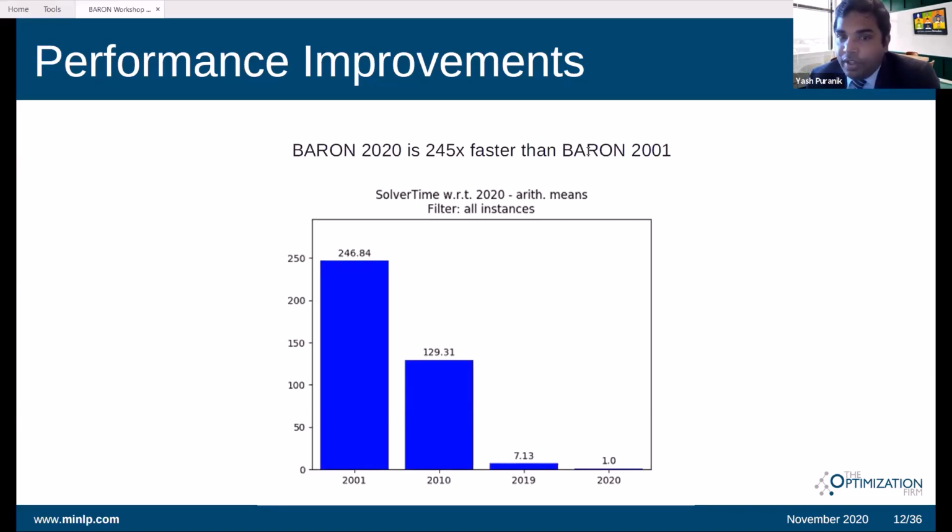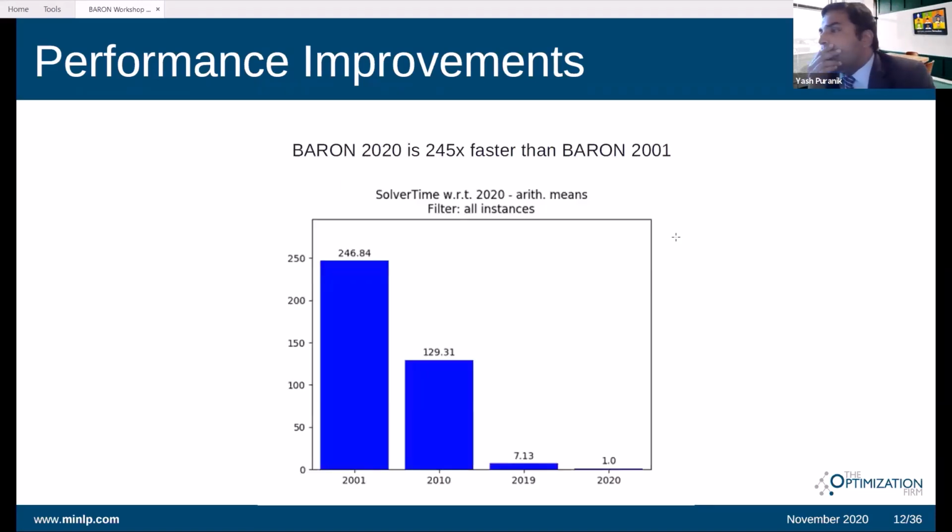So of course, for the reference version, Barron 2020, this number is one. And as compared to Barron 2001, we're 245 times faster today than we were 20 years ago. And obviously, I think all of you can agree that that's tremendous progress.